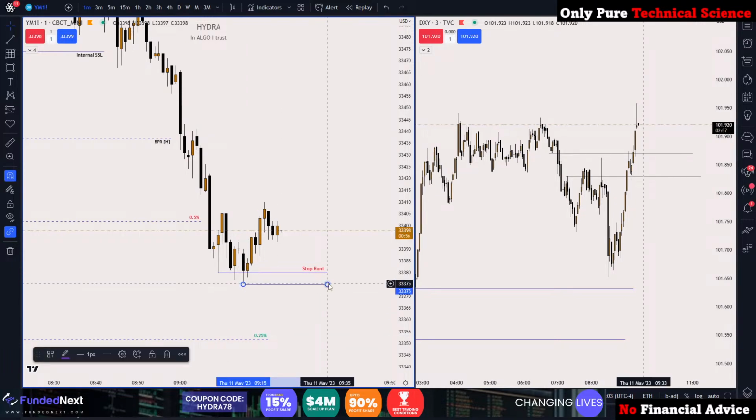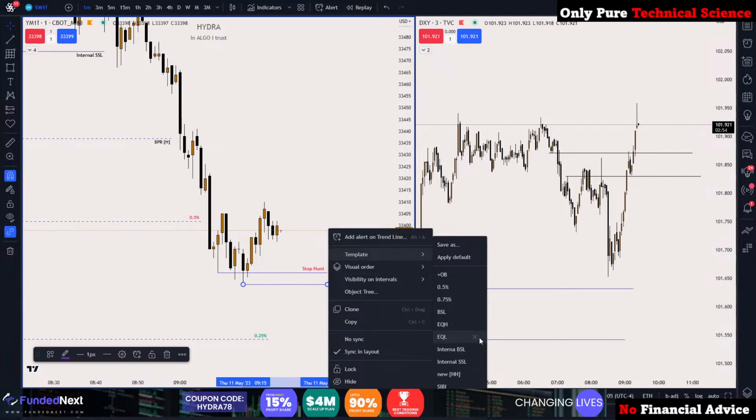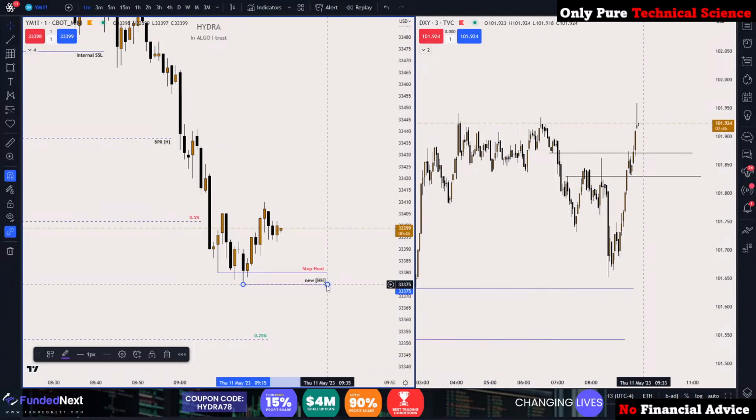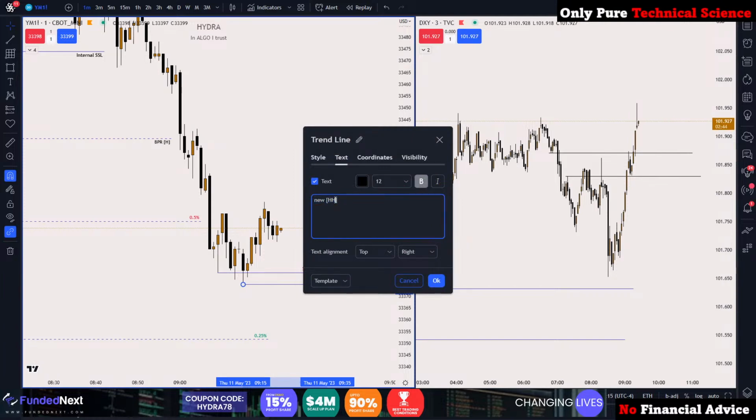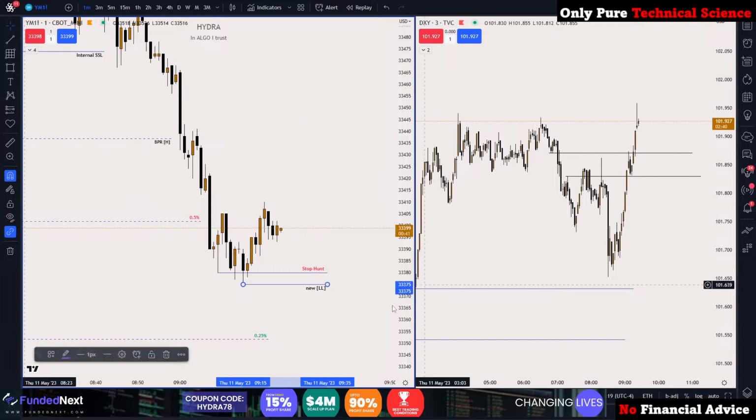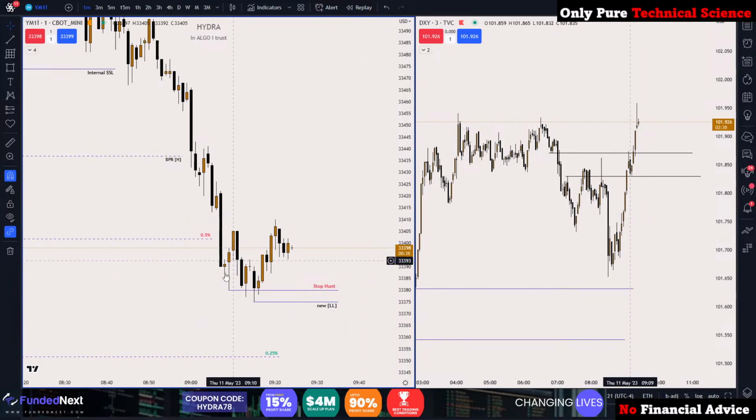Look at the time, 9:20 to 9:30. That's where we look for a trade idea and we take part in that Judas move. So that's our new lower low. These up close candles become our breaker block. That's not order block, by the way.